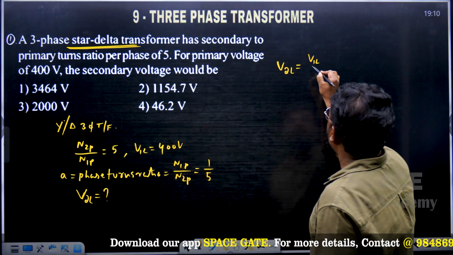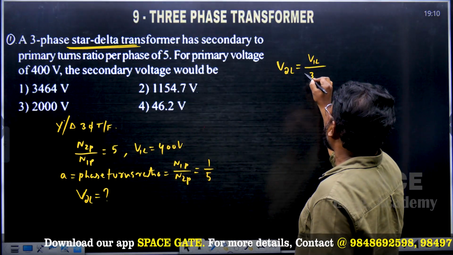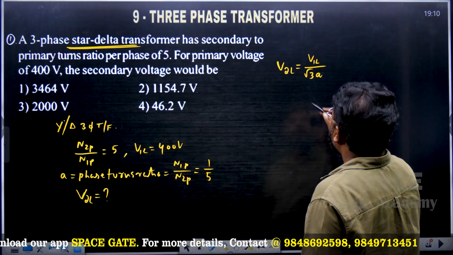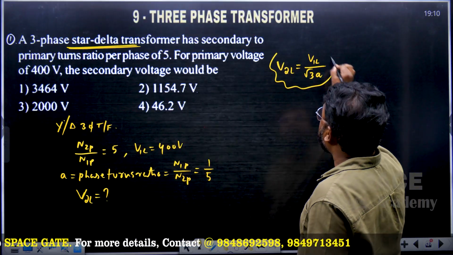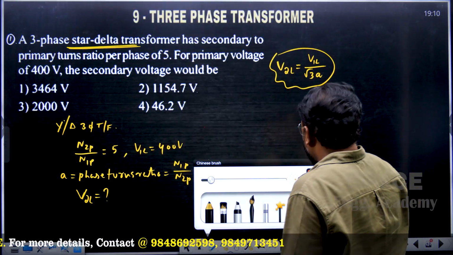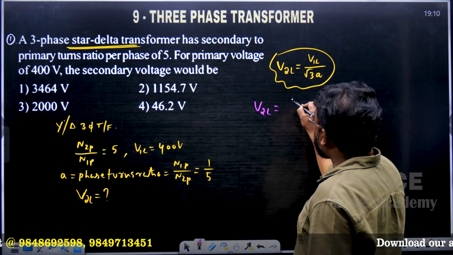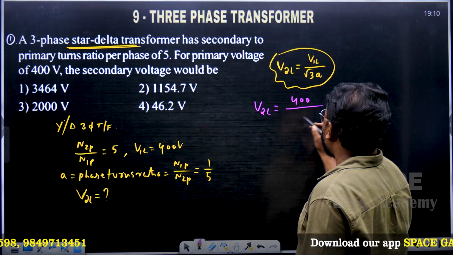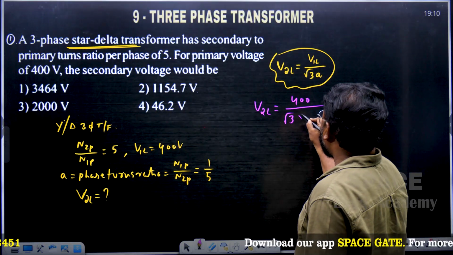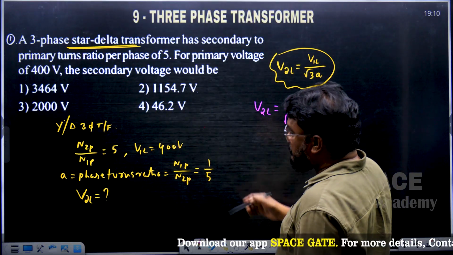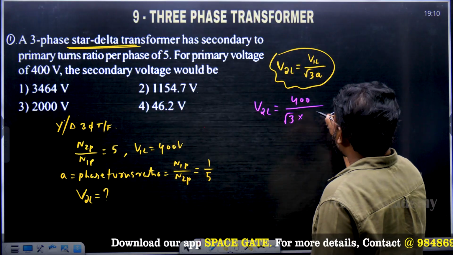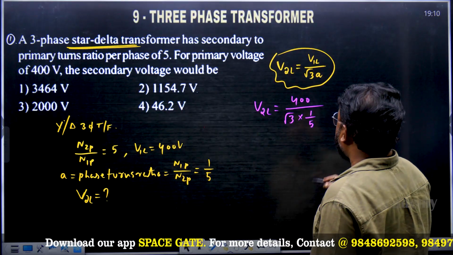So V2L is equal to 400 divided by √3 into 1 by 5, since a is equal to 1/5.